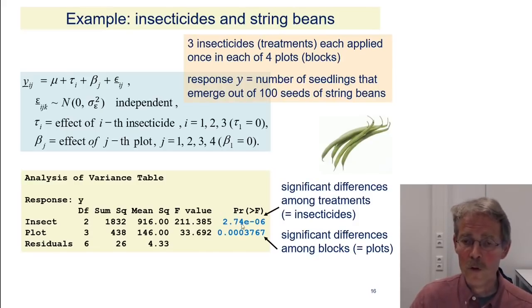Well, first of all, we look at the insecticides, and it's a very low p-value, so clearly at least 2 of the 3 insecticides are different with respect to each other. And we also see that there are quite some differences between our blocks, our pieces of land, so probably it was a good idea to have the 3 treatments, the insecticides, within each plot, each piece of land.